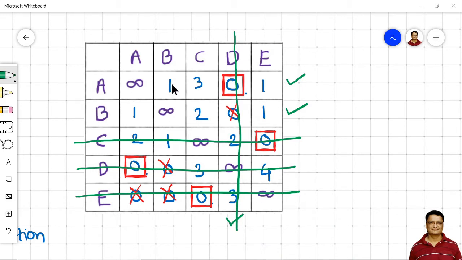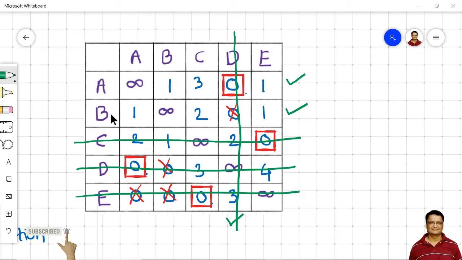Now if you look at the elements which are not covered by the lines, you will find that there is no zero. So we can say that the procedure we have performed is correct. The next step is to identify the smallest element from the uncovered cells.